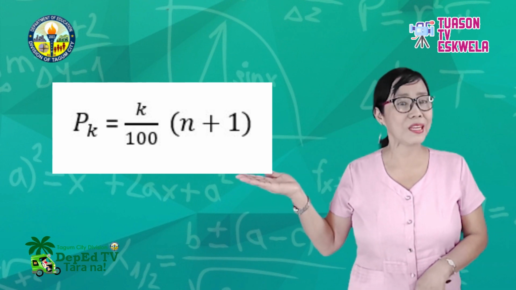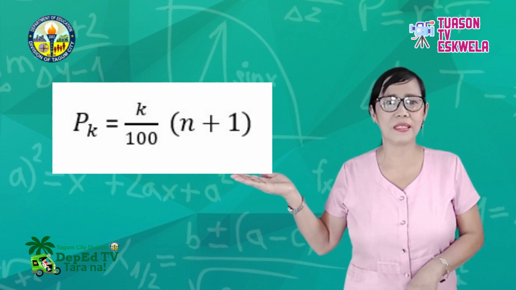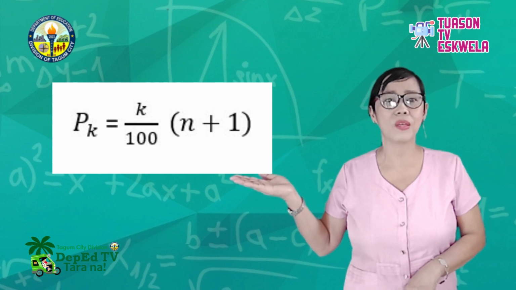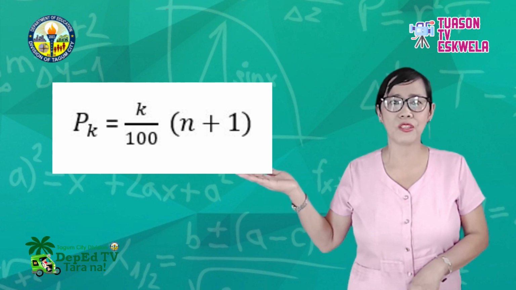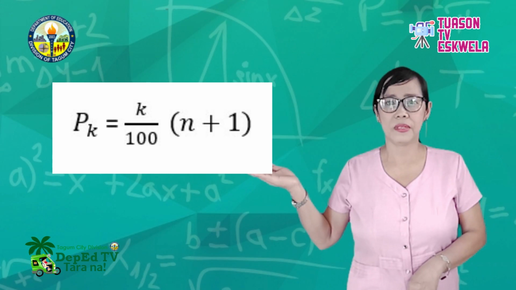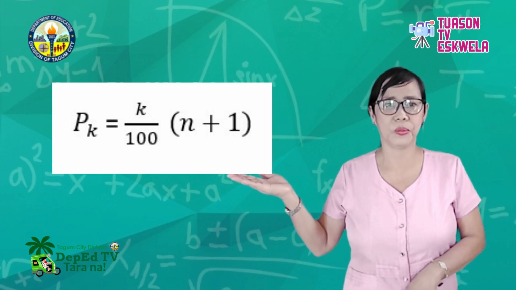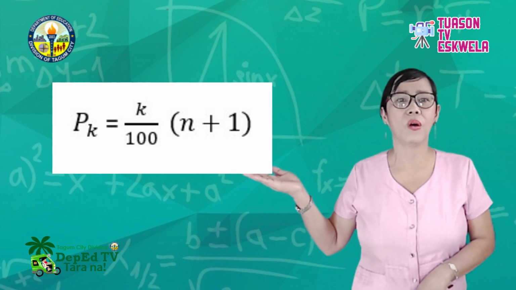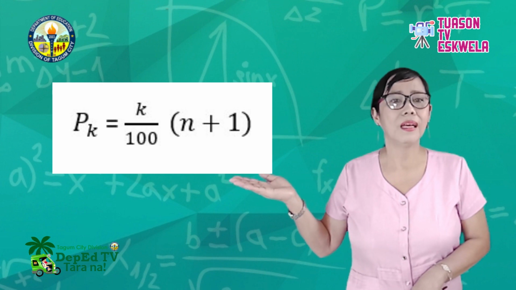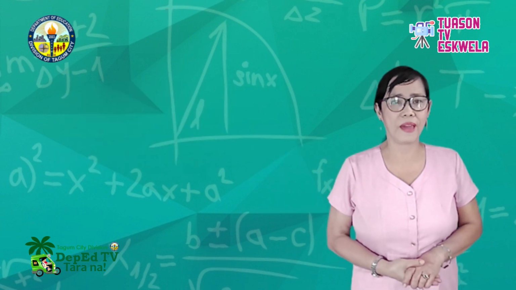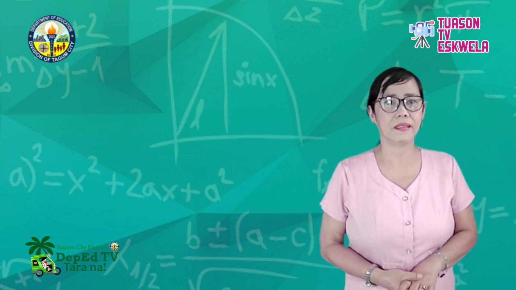P sub k is equal to k over 100 times the quantity of n plus 1, where k is equal to the kth value, from the first to 99th value, where n also is the number of elements in the data. So, from the given, let's substitute it to the formula.